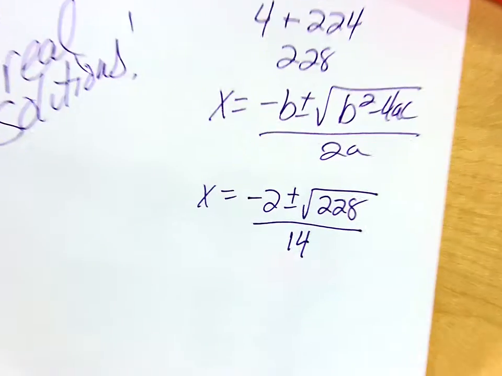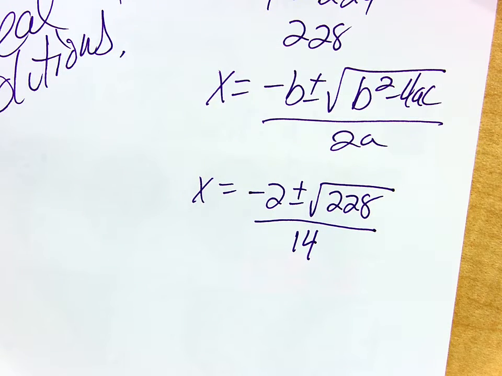So now, ladies and gentlemen, I'm here. 228 is not a perfect square, but doesn't it have some perfect square factors? There's at least one that I know of. What perfect square divides into 228? These are great guesses, but they are incorrect. 4.